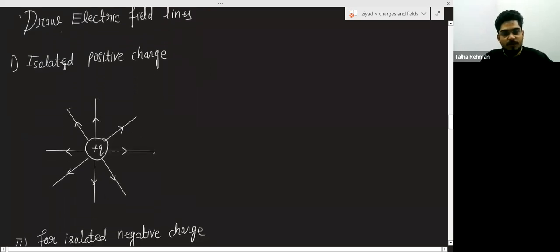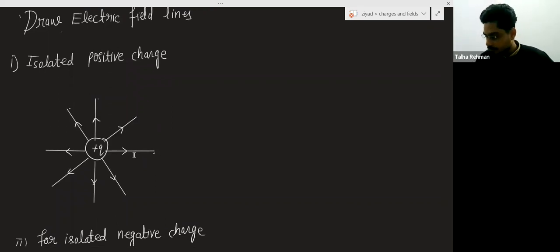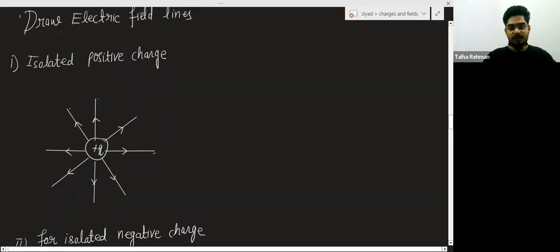For an isolated positive charge, meaning around this charge there are no other charges, we know that electric field lines originate from the positive charge.